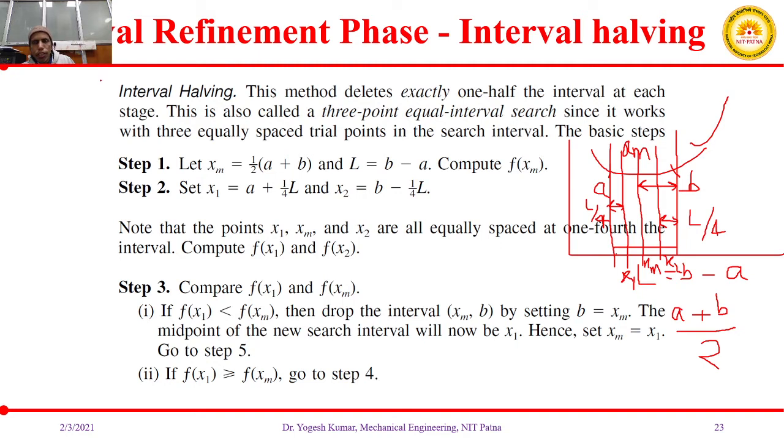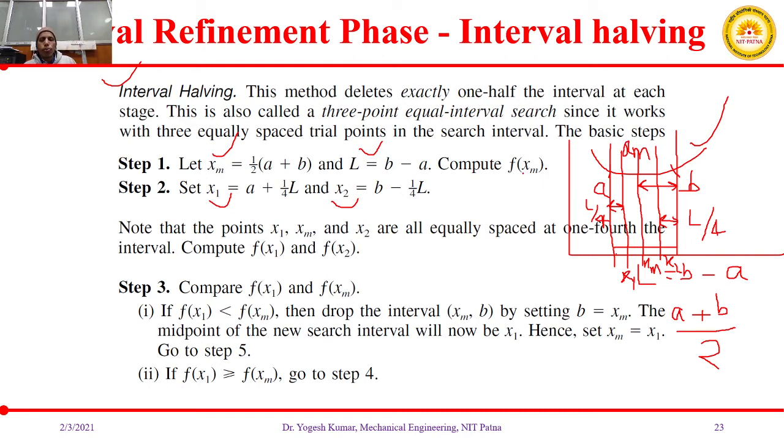So we are able to understand how we are calculating this x1, x2, L, xm. Okay, so here see, first we find out the mid: xm equal to 1/2 (a plus b).